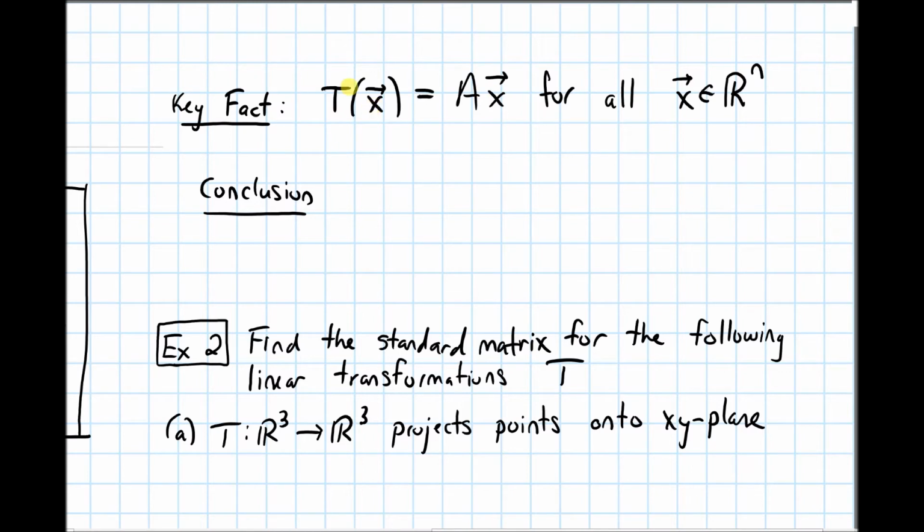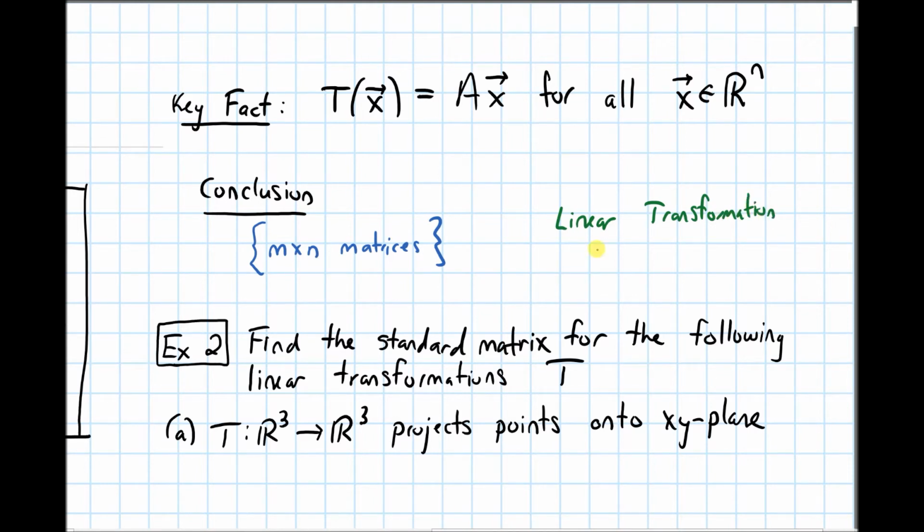When I plug x into T, and when I multiply A by x, they should always be the same. Why this is important for us is that any m by n matrix can be thought of as a linear transformation, and vice versa.